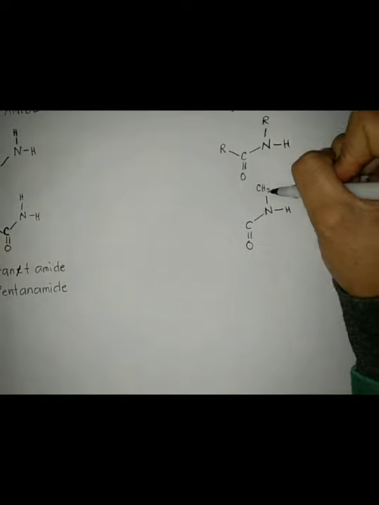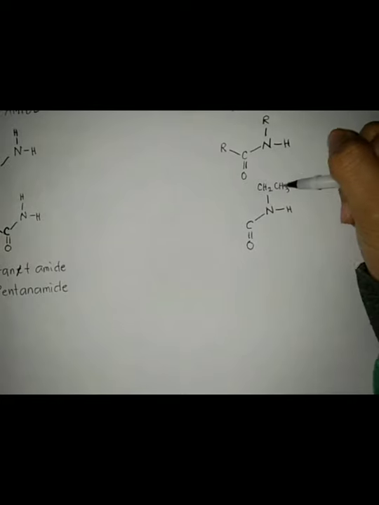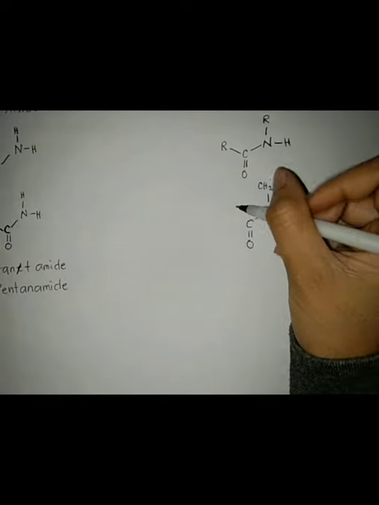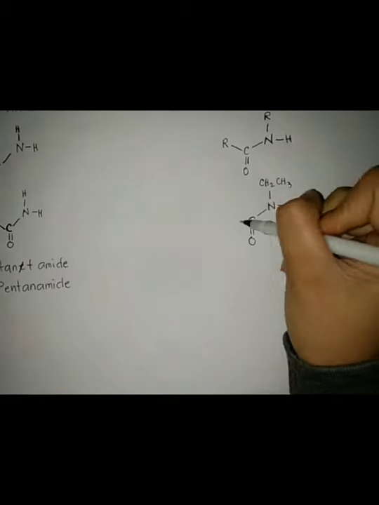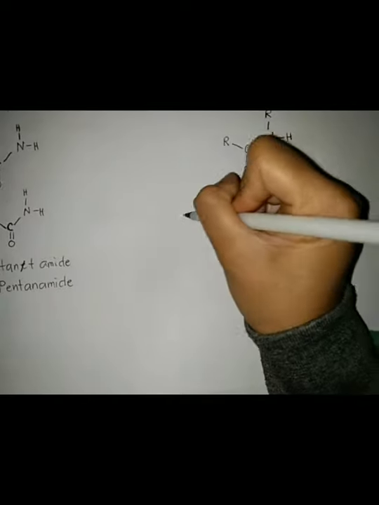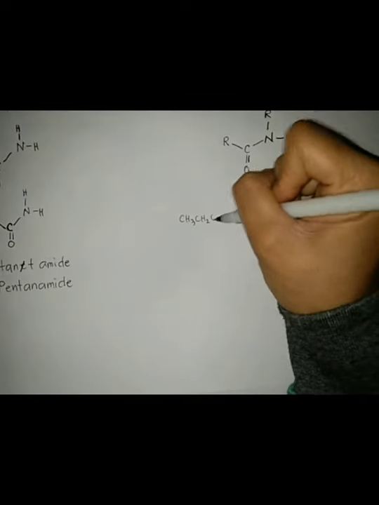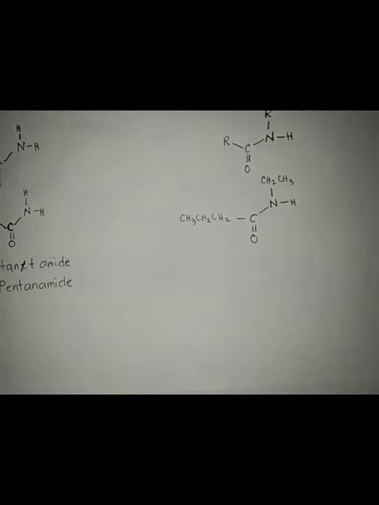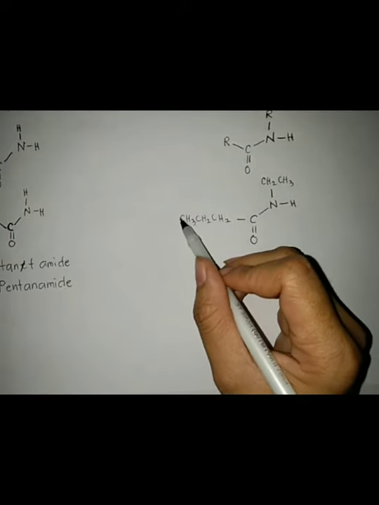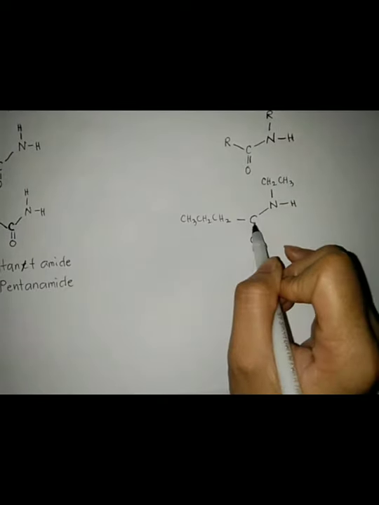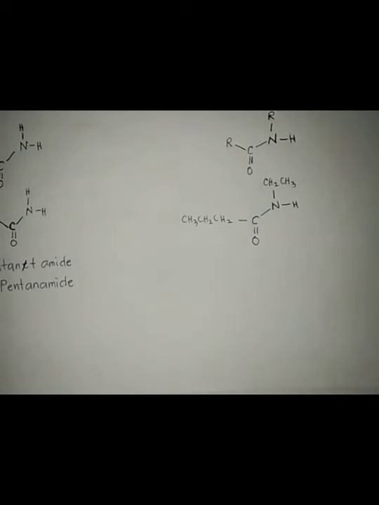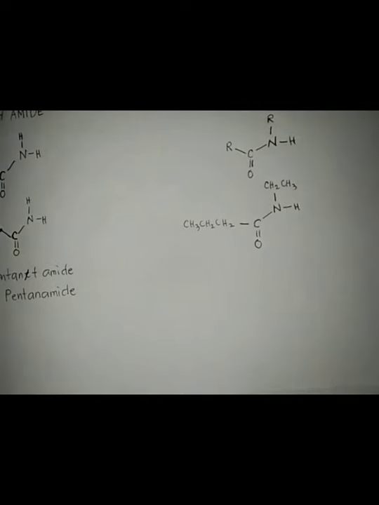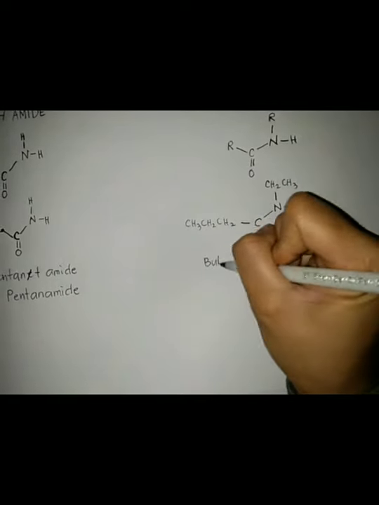So, let's say we have CH2, CH3. Our carbon here is also bonded to an R group. So let's say we have CH3, CH2, CH2. Our parent chain here is butane because it has 4 carbon atoms, or a 4 carbon chain.